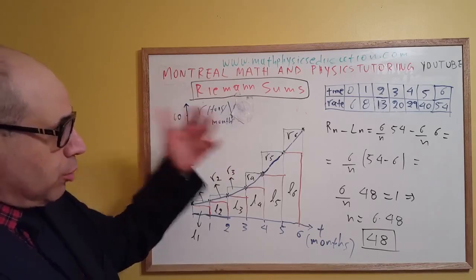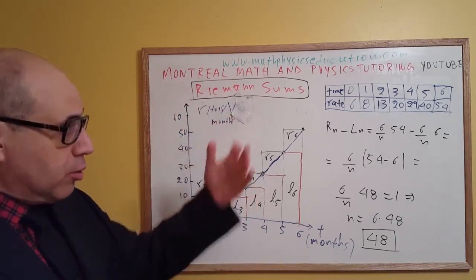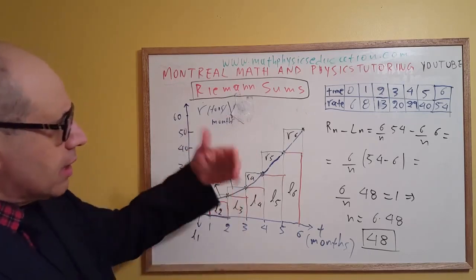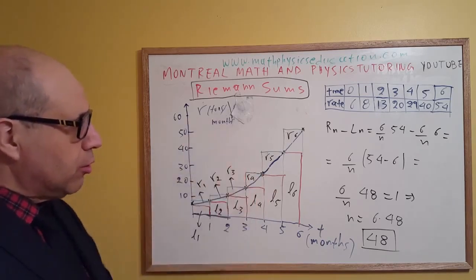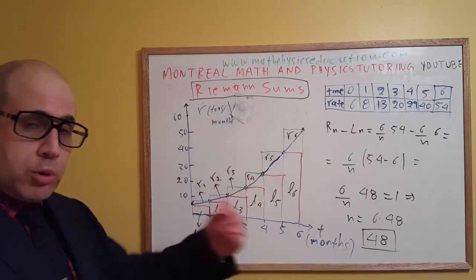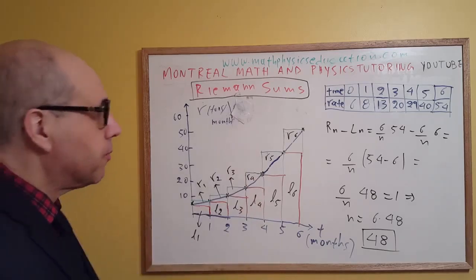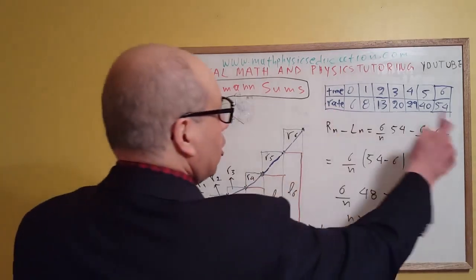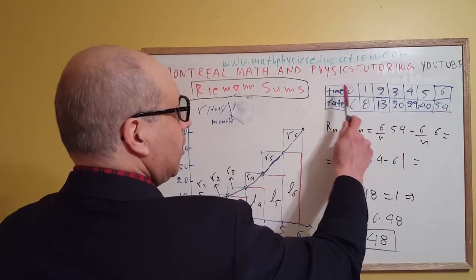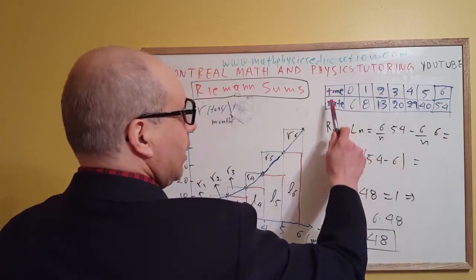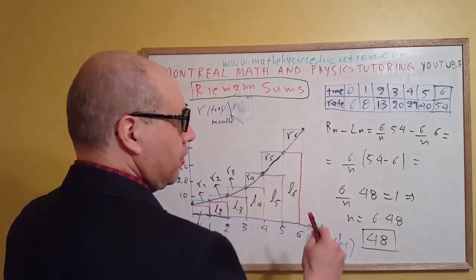This equipment is there to reduce the pollutants that go out of the factory. As the efficiency of the equipment goes down, more and more pollutants will be going out of the factory. This table gives us the time in months and the rate in tons per month that we measure at the beginning of each month.